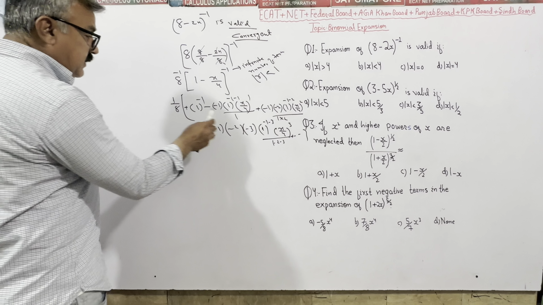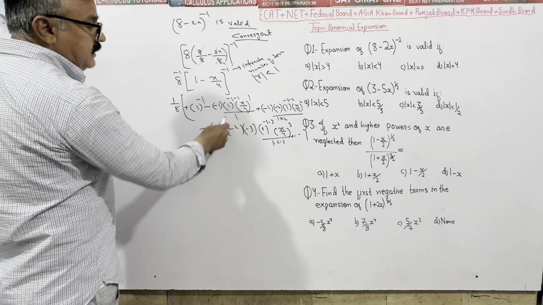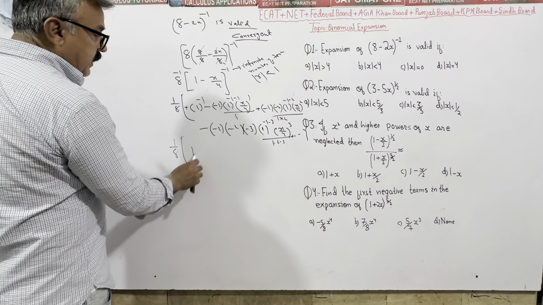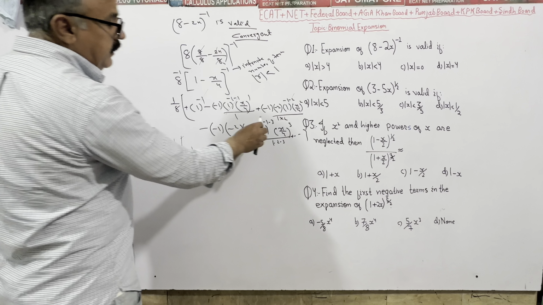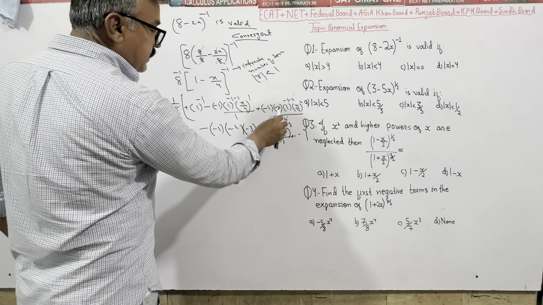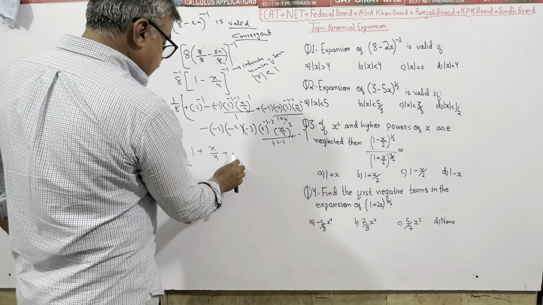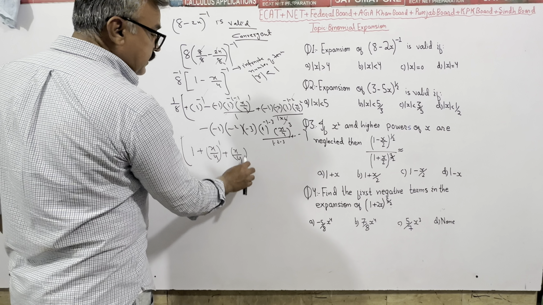If we simplify this, 1 means 1. 1 with any power is also 1. Let me write one step for you. 1 minus plus, it will become our x over 4. 2 cancelled, minus plus, plus, here remains x over 4 squared.